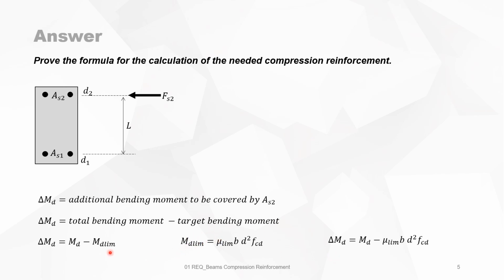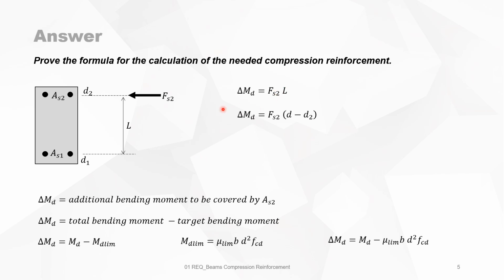So when we substitute M_Ed,limit, we arrive at the equation that the additional bending moment to be covered by the compression reinforcement equals the total bending moment minus the target bending moment. But the additional bending moment to be covered by the compression reinforcement is, of course, when we take the rotation equilibrium around the point of gravity of the tension reinforcement, equal to F_s2 times l, the distance l.